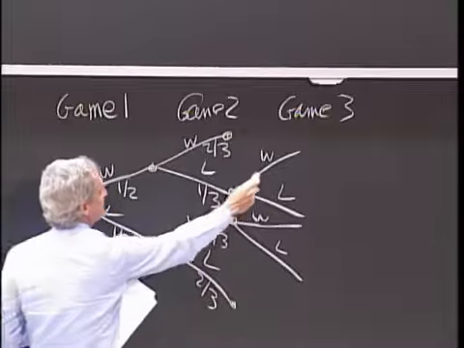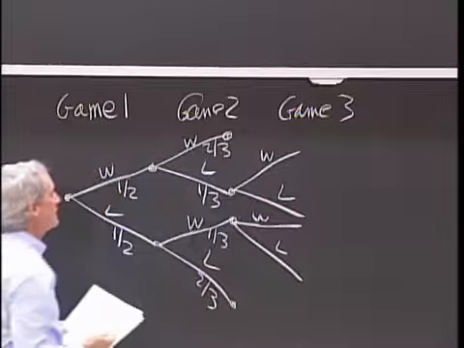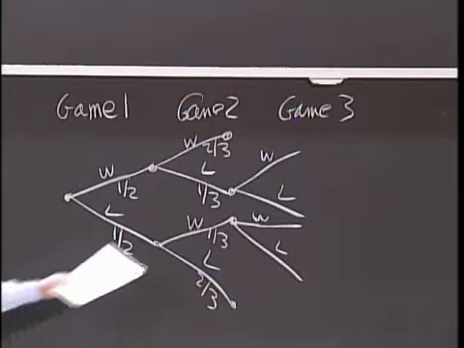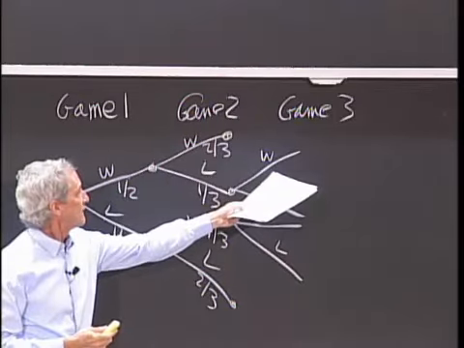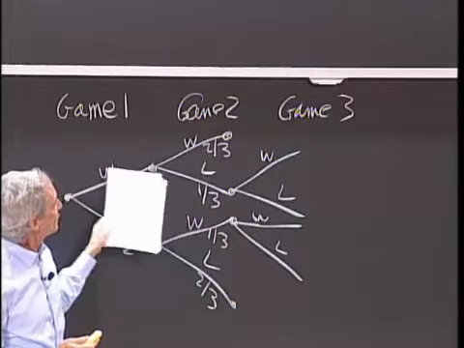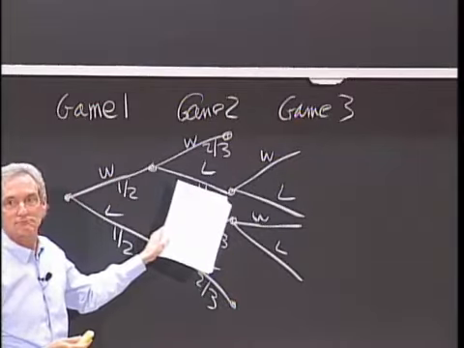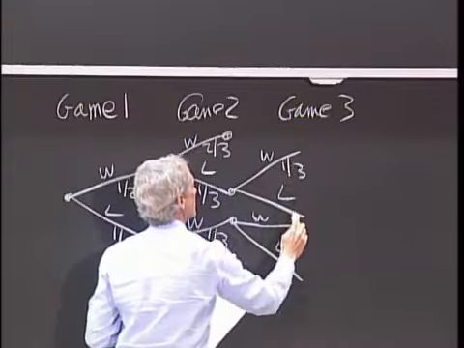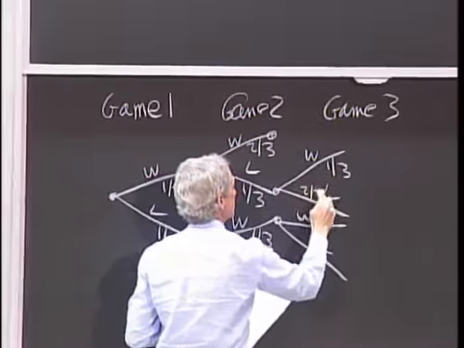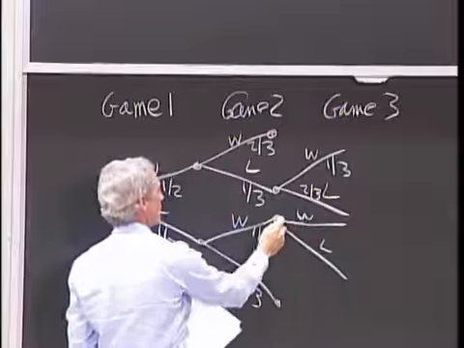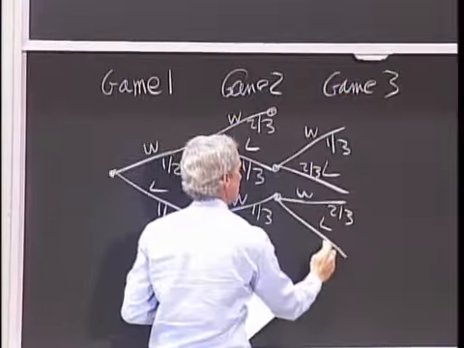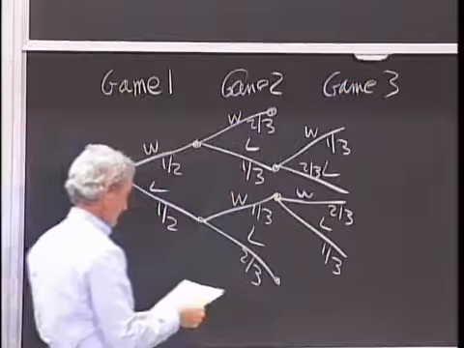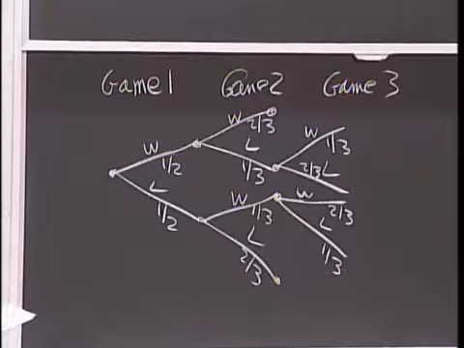And then lastly, what's the probability I win the third game here? 1/3, because I just lost the last game, and that's all I'm conditioning on. So that becomes 1/3, and this is 2/3 now. And then here I just won a game, so I've got 2/3 and 1/3. All right, so I've got all the probabilities.